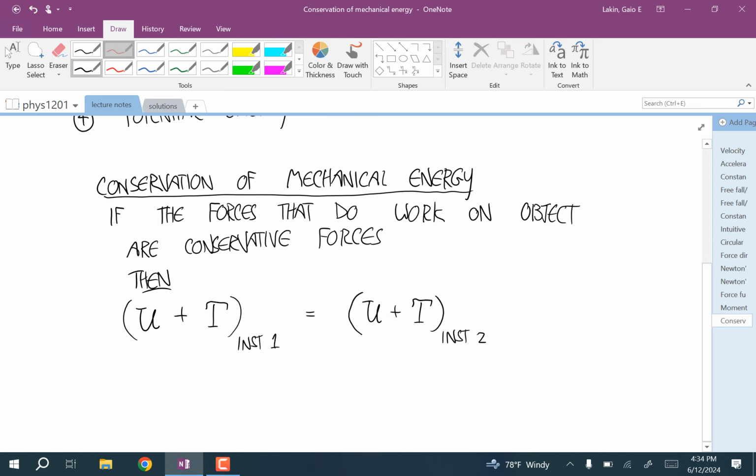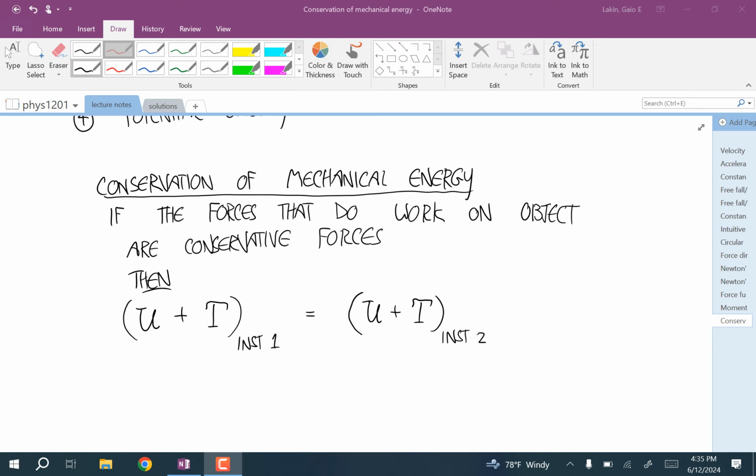We're going to see that it's useful for coming up with relationships between objects' location and their speed, which is useful sometimes. When we talk about conservation of mechanical energy, we're thinking of this sum of potential and kinetic energy as being called the mechanical energy. And what this law says is that under these conditions, this sum of potential plus kinetic energy doesn't change.